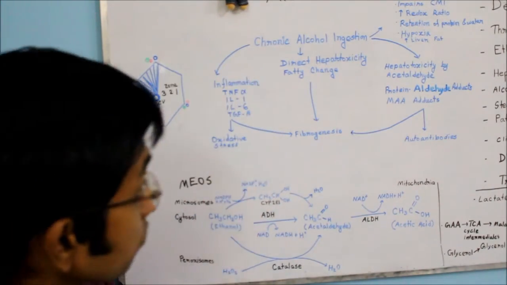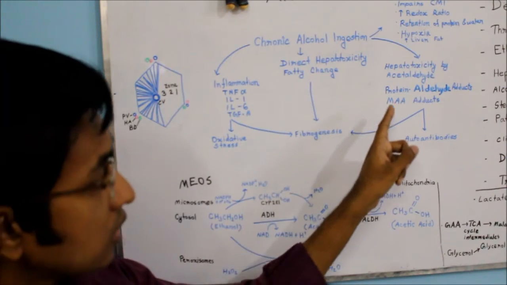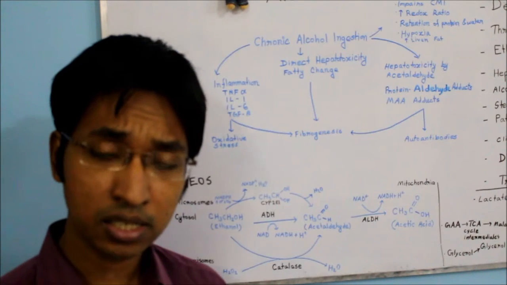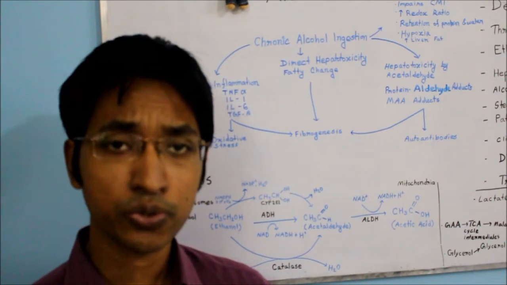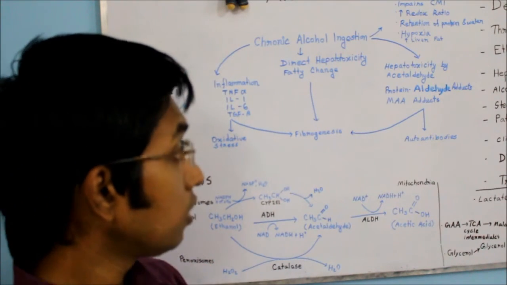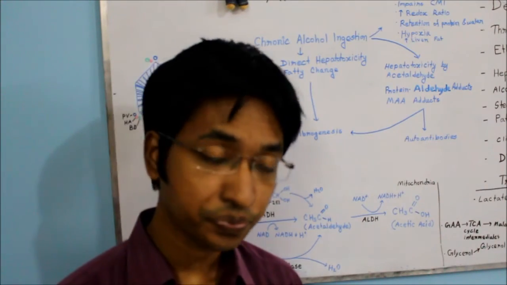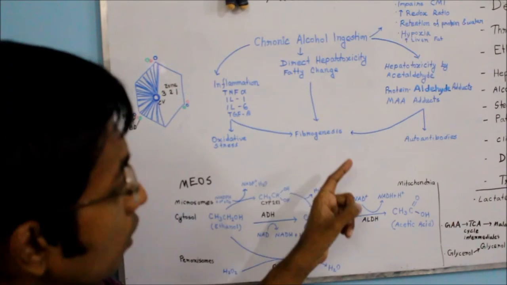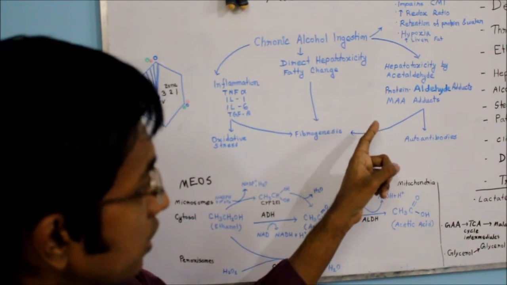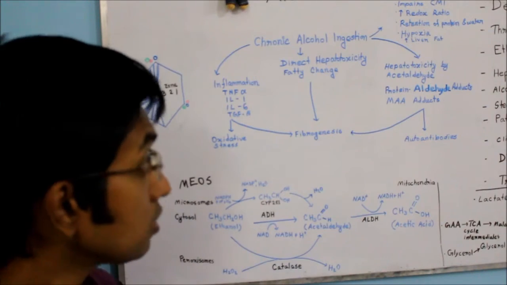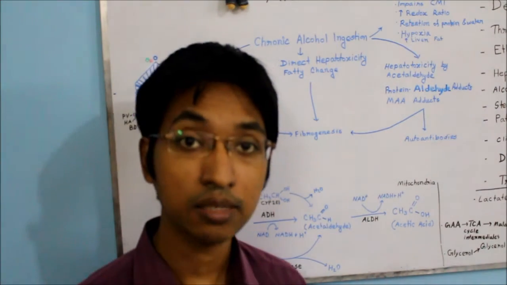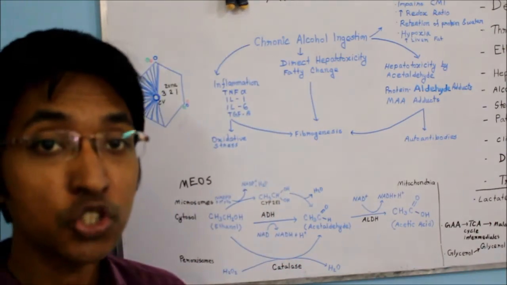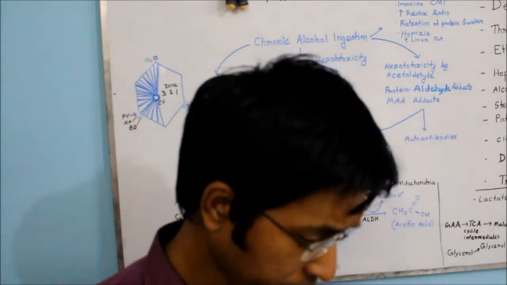For example, the protein aldehyde adduct can damage the cytoskeleton and the membrane of the liver cells, and ultimately there will be necrosis of the liver cell. On the other hand, the malondialdehyde acetaldehyde adduct can produce autoantibodies, and that will result in autoimmune injury to the liver cells.